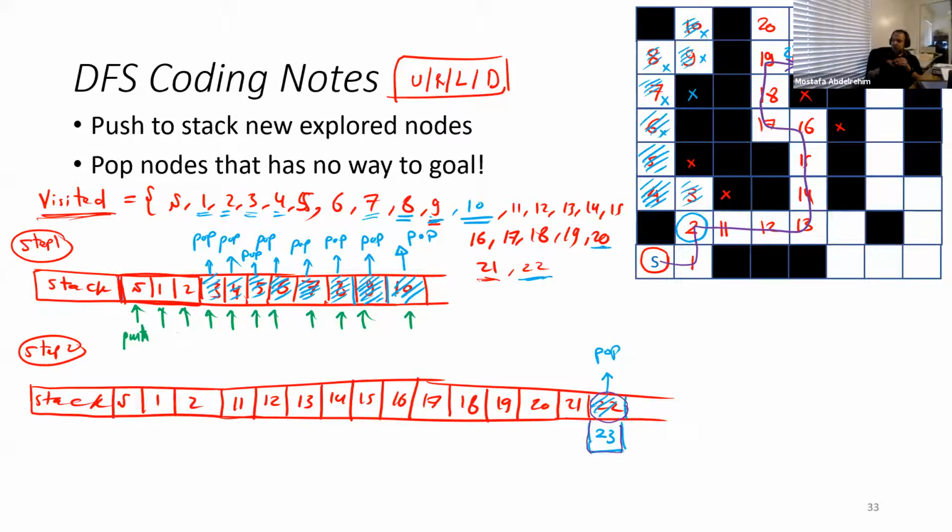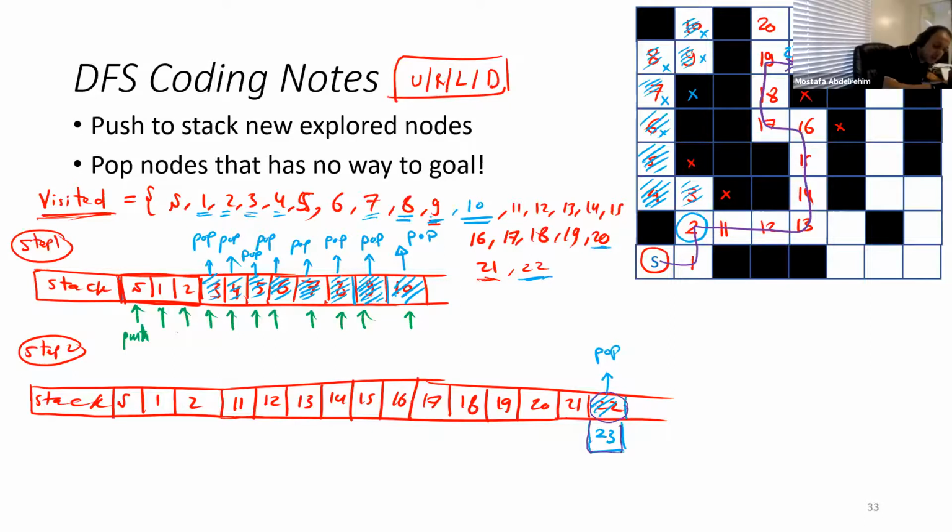Any questions? Yeah, just a quick question. For the shortest path, there wouldn't be a possibility that it would go from 19, 20, 21, and then the goal node, right?